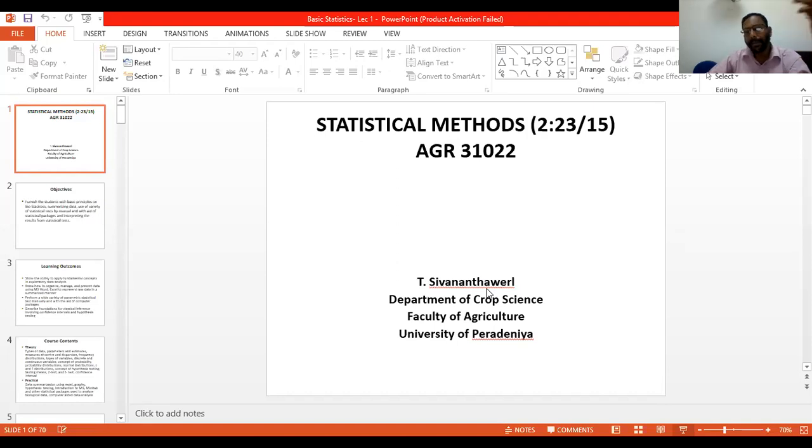For example, agronomy, biology, economics up to a certain level, extension, all these courses have been taught in some form before you come to the university, embedded in different courses. But statistics is a new course that you are going to learn from the beginning.